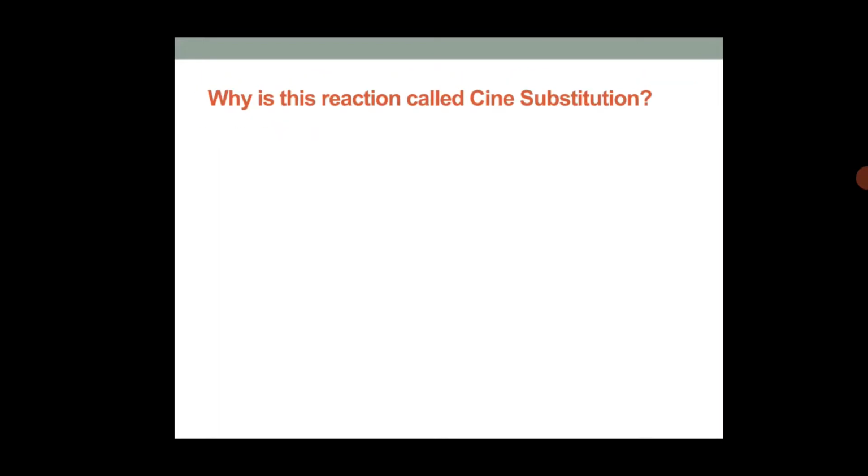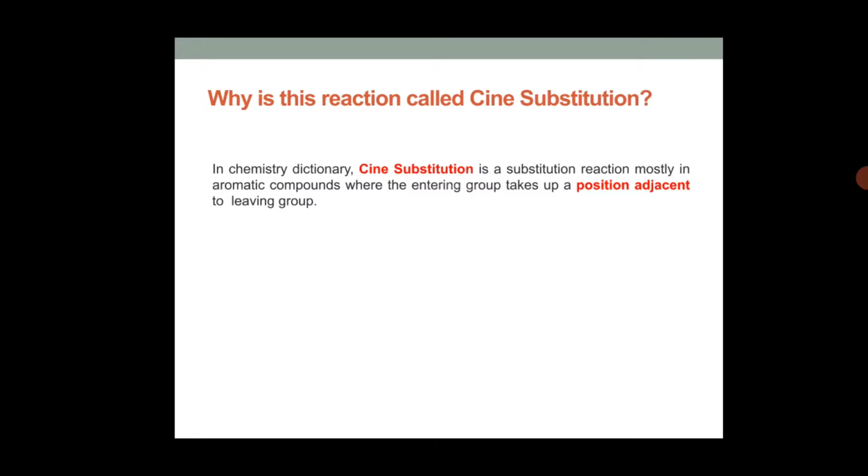But why is it called Cine substitution? In the chemistry dictionary, Cine substitution is the substitution reaction mostly in aromatic compounds where the entering group takes up a position adjacent to the leaving group. Remember, in a regular nucleophilic substitution reaction, the nucleophile occupies the position which was occupied by the leaving group.